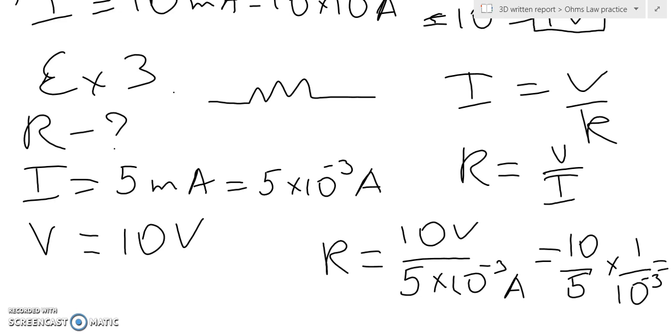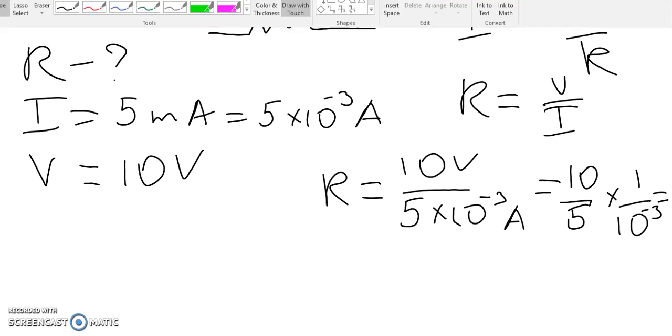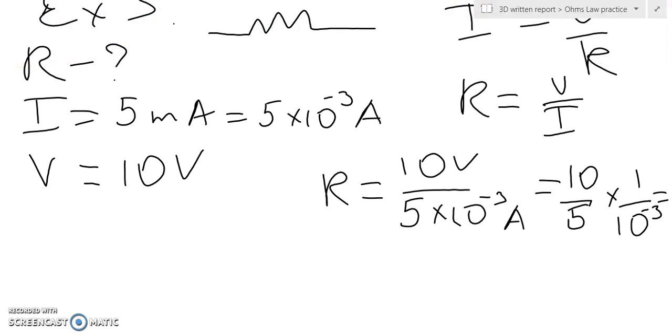If you guys remember your powers review assignment, you will remember that this is just 10 over 5 is 2 times 10 to the 3, because when we flip the exponent up, it changes sign.